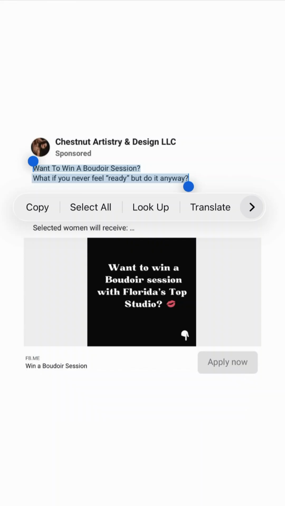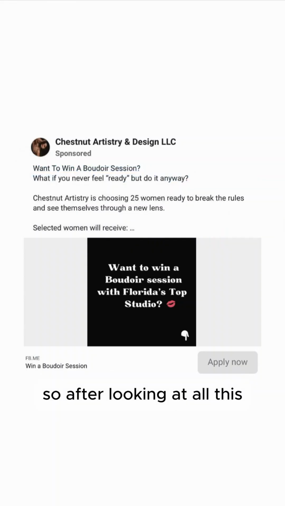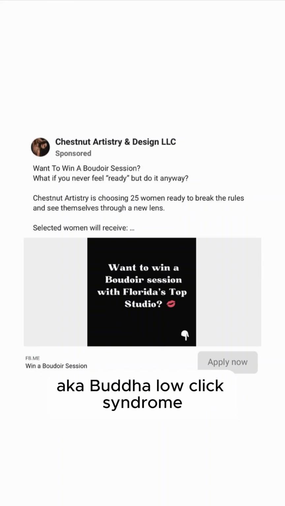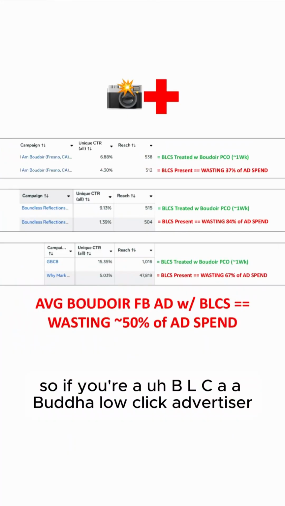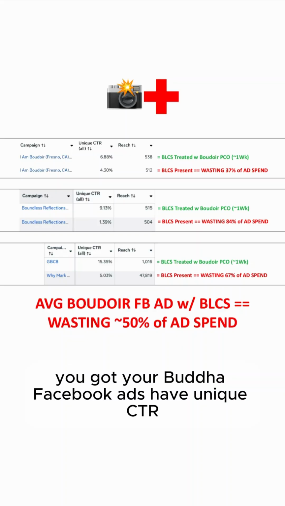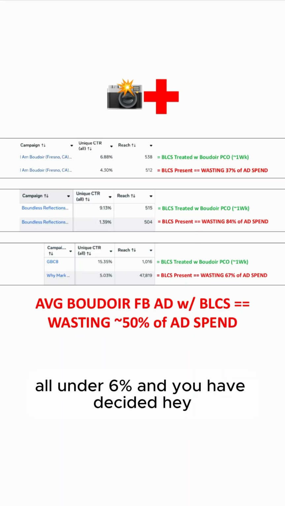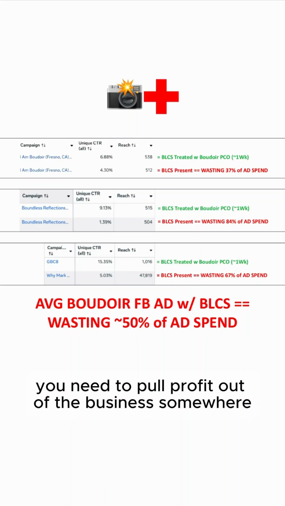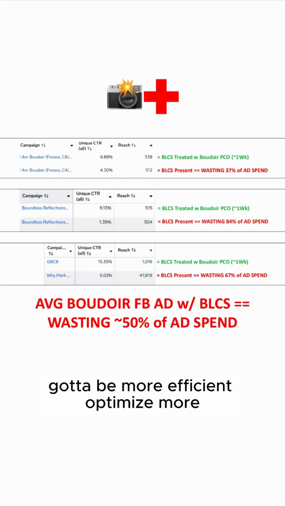So, after looking at all this, my diagnosis is yes, I do believe this Boudoir Facebook ad has BLCS, aka Boudoir low click syndrome. So, if you're a BLCA, a Boudoir low click advertiser, and your Boudoir Facebook ads have unique CTRL under 6%, and you decide you need to pull profit out of the business somewhere, you've got to be more efficient and optimize more.